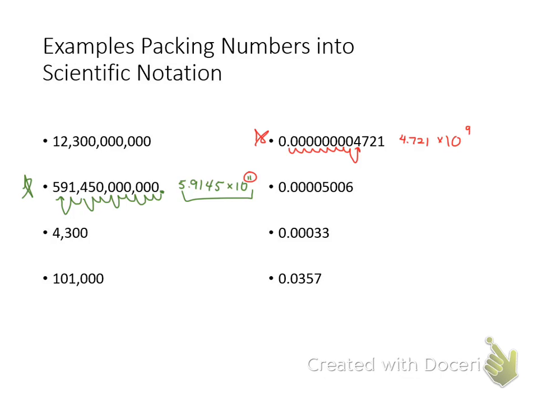But since it's a small number, it's got to be a negative 9. So anytime you see something in scientific notation with a negative exponent, a negative power of 10, that means it's small. The bigger that negative exponent, the smaller it is. That's what I wanted you to get out of that.